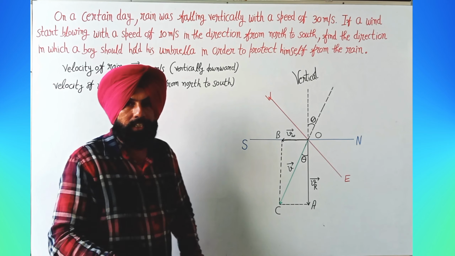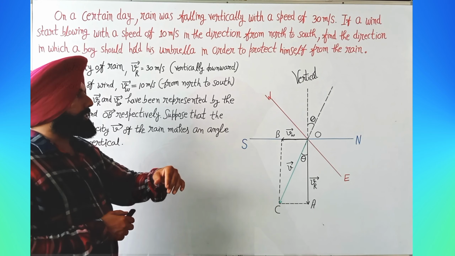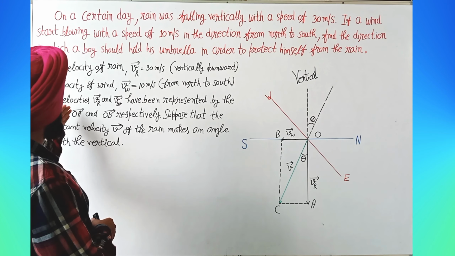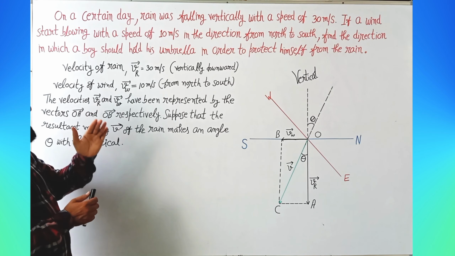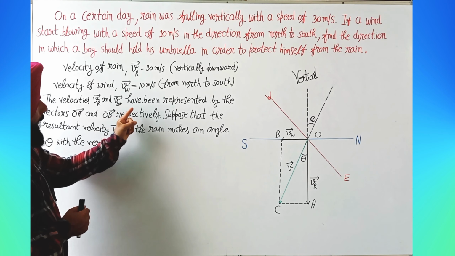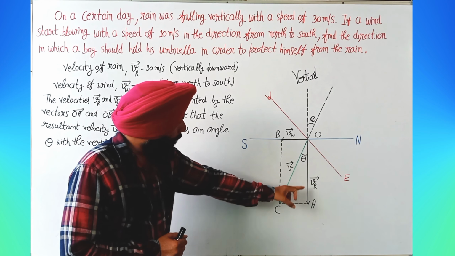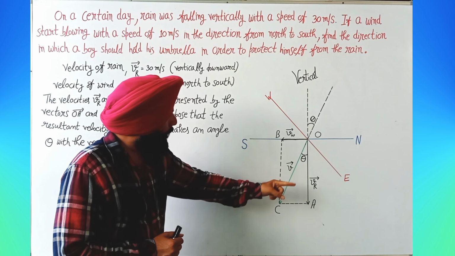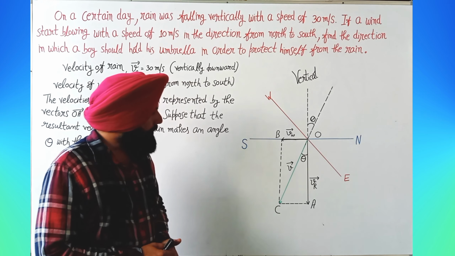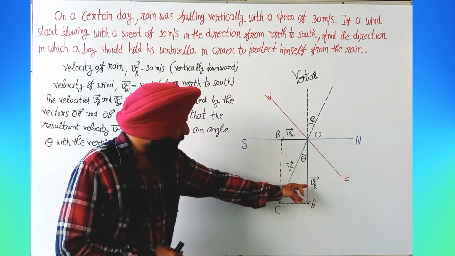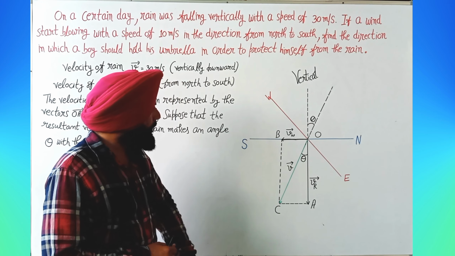Now let us proceed further. The velocities VR and VW have been represented by vectors OA and OB. OA vector represents the velocity of the rain vertically downward.